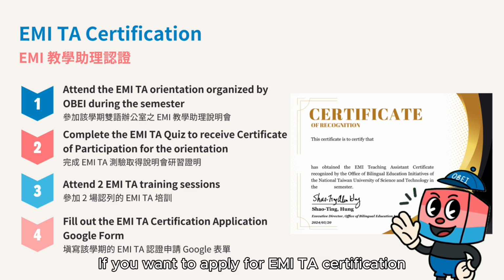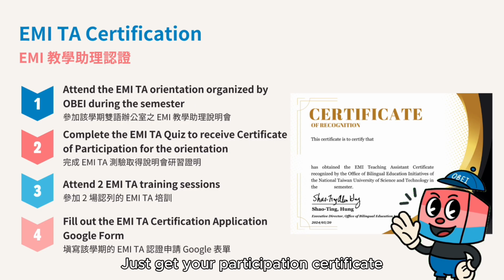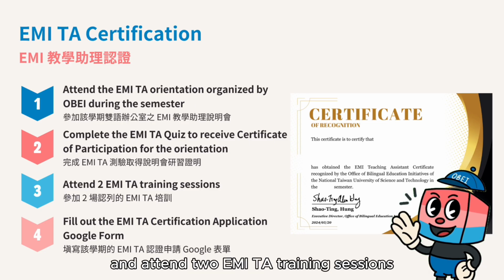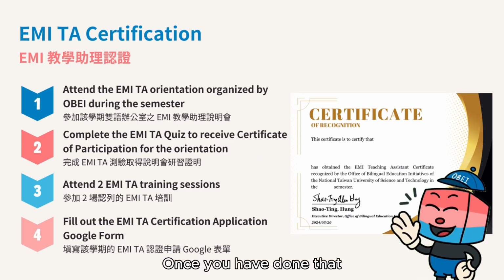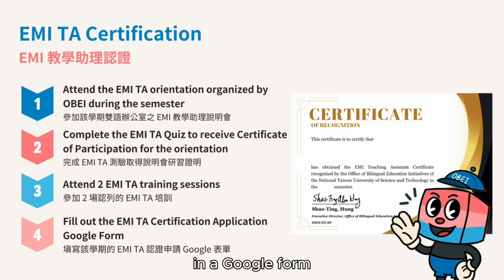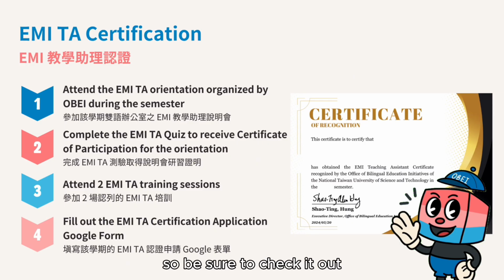If you want to apply for EMI TA certification, it's super easy. Just get your participation certificate from the orientation and attend 2 EMI TA training sessions. Once you have done that, you can fill out this semester's application in a Google form. The form will be posted on our office website, so be sure to check it out.